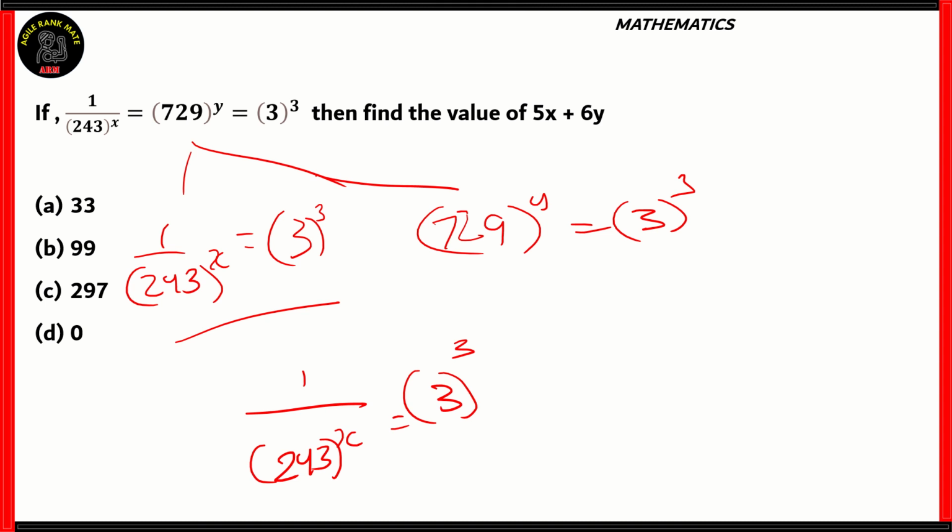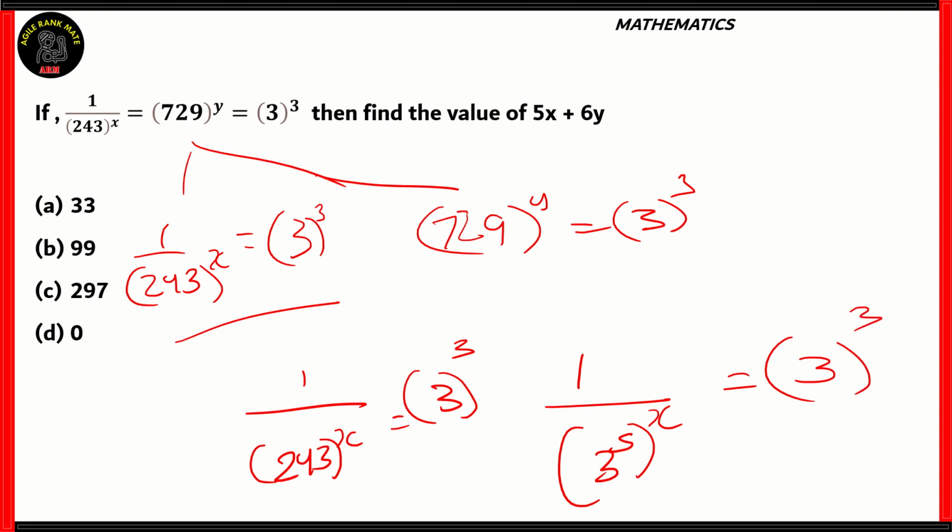If we simplify this, we get 1 by (3 raised to 5) the whole raised to x is equal to 3 raised to 3.